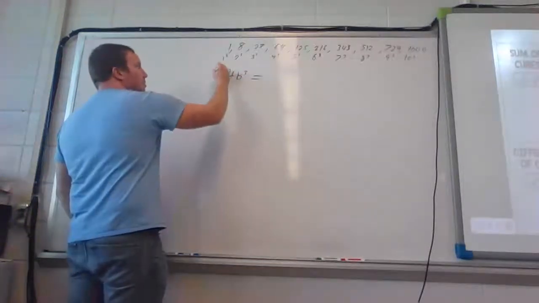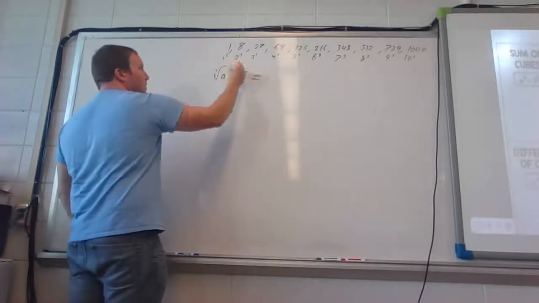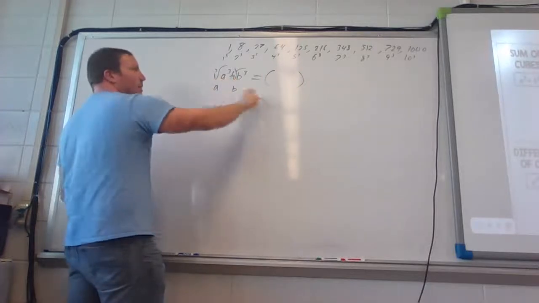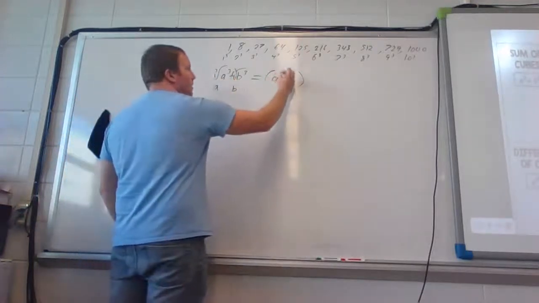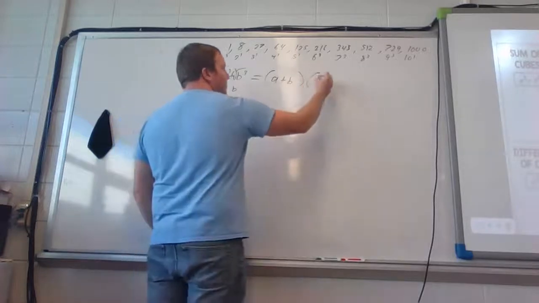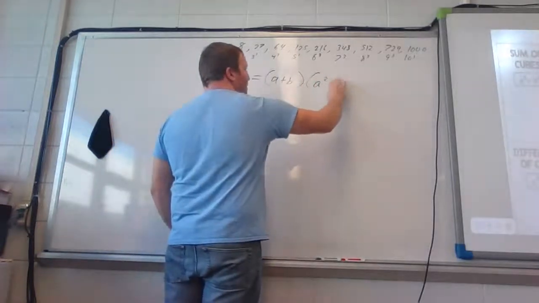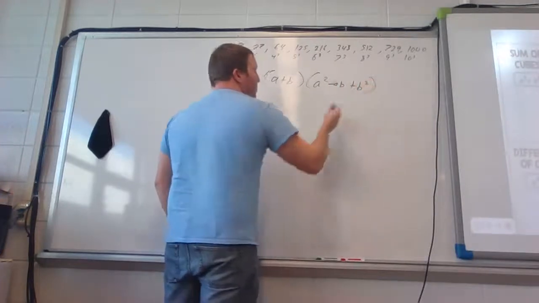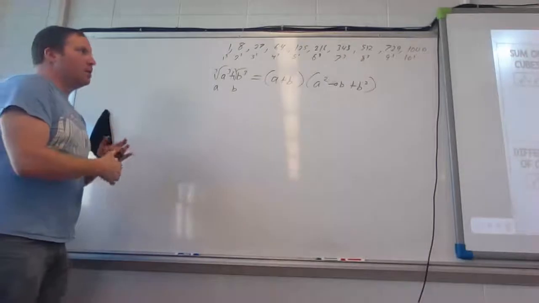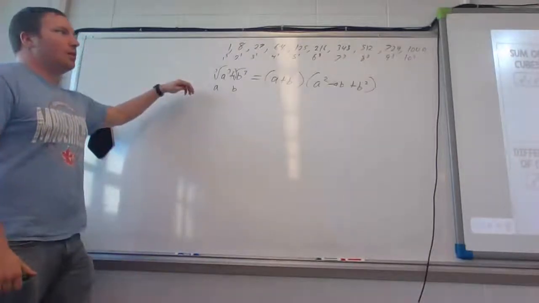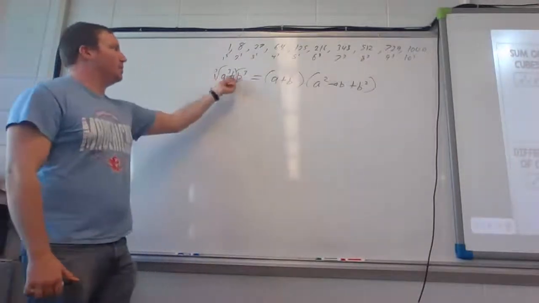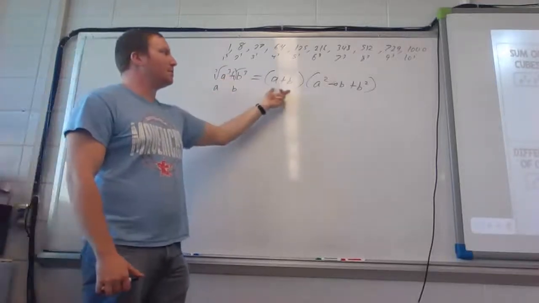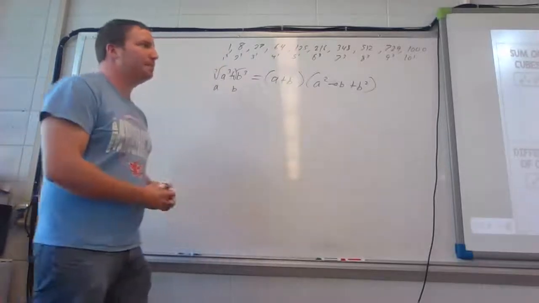We take the cube root of both, which gives us an a value and a b value, and we plug that into a formula: a plus b times a squared minus ab plus b squared. So that's how we use our sum of cubes. Take the cube root of our values, get an a and a b, and then plug those values into our formula.